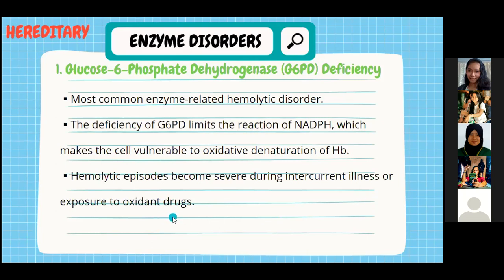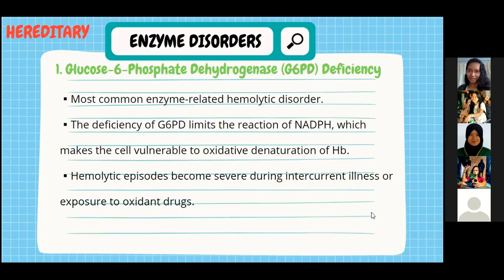Occasionally, RBCs are subjected to an increased level of oxidants, or oxidant stress, as a result of exposure to certain oxidizing drugs, foods, chemicals, and herbal supplements, and even through reactive oxygen molecules produced in the body during infections.